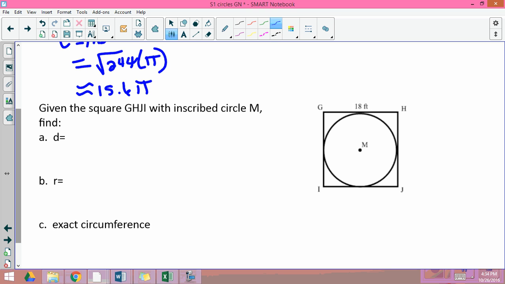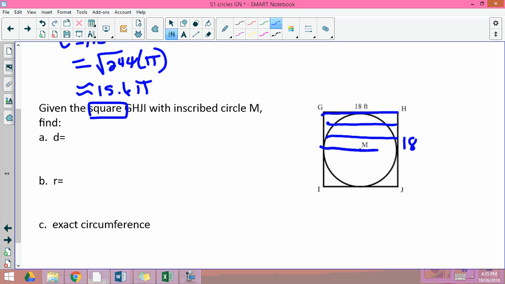In the next example, we're given a square, that's key. So all of those properties from unit 4, quadrilaterals, that we know about squares, specifically right angles and 4 equal sides, with an inscribed circle. So find the diameter, find the radius, and the circumference again. If this length is 18, obviously this one is 18, but no matter where I go across my figure, it's going to be 18.